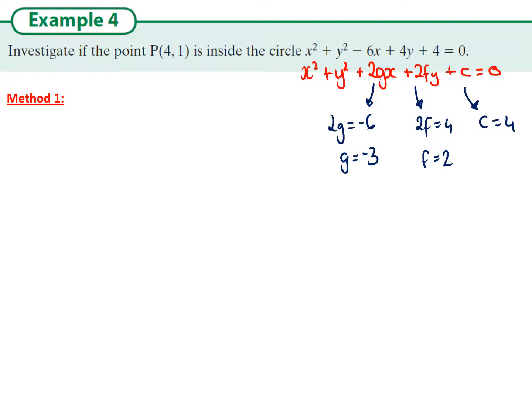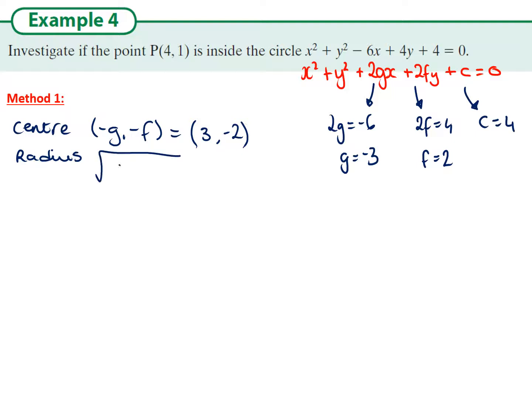So I'm going to try to figure out the center and the radius, just like my previous example. My center is (-g, -f), and that is (3, -2). My radius is then the square root of g squared plus f squared minus c.